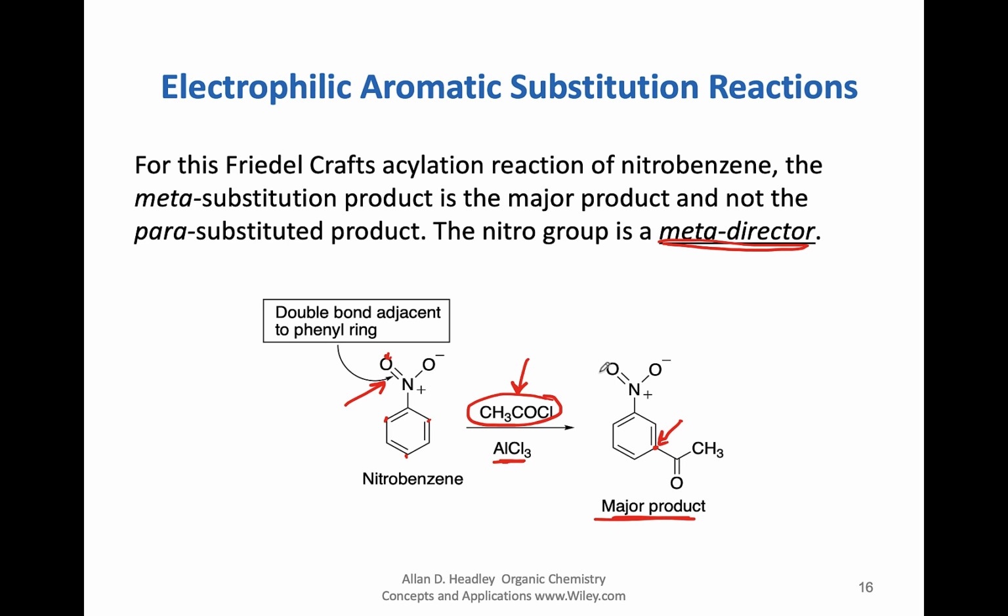Let me say that again so you're not confused. This type of substituent here, which has a double bond adjacent to the ring, directs the incoming electrophile into the meta position. Hence it's called a meta-director.